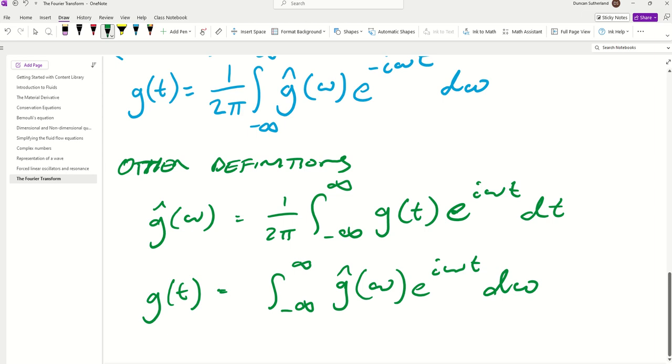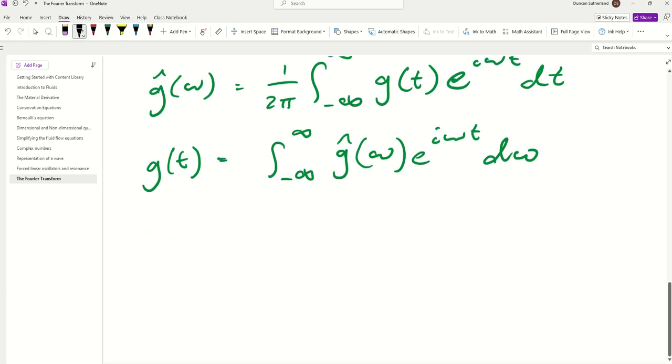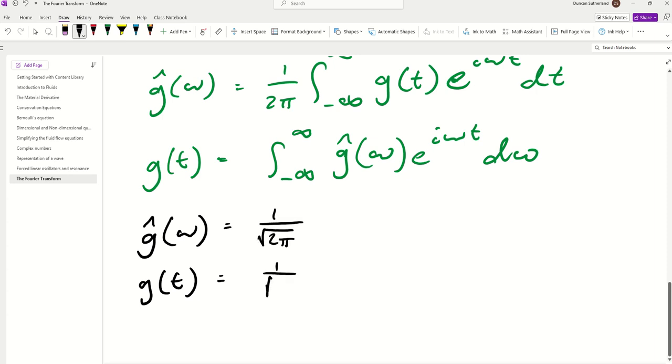You could equally define your Fourier transform pair like this, with the 2 pi on the forward transform instead of on the inverse transform. Another common definition is splitting that factor between the two transforms, the forward and the back.